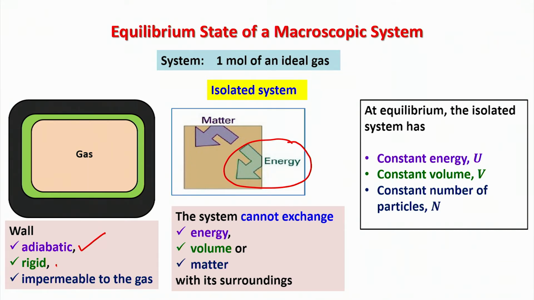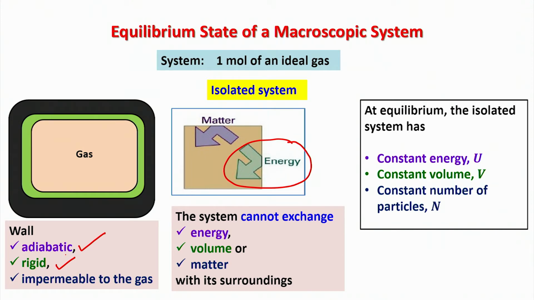The wall is rigid. This means that the volume of the gas will remain unchanged all throughout the time that I have kept it in observation. So, volume is independent of time.